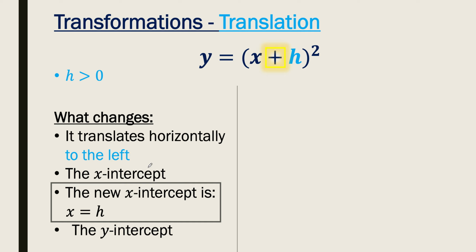The x-intercept is going to change. The new x-intercept is going to be x equal to negative h. And the y-intercept is also going to change because of what I explained before. Notice that when this symbol is positive, when I'm adding, it's going to translate to the left.